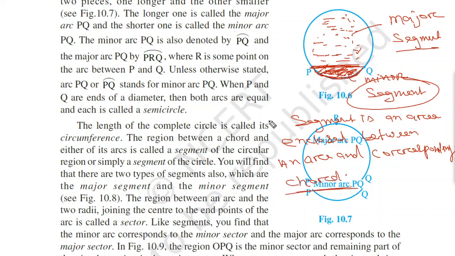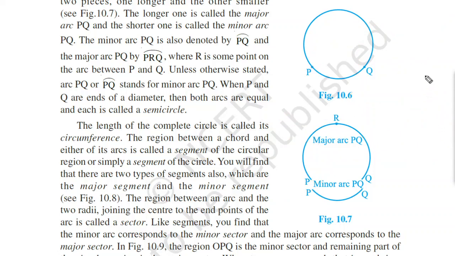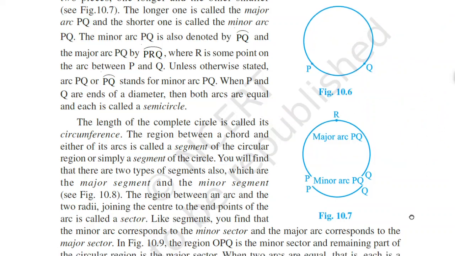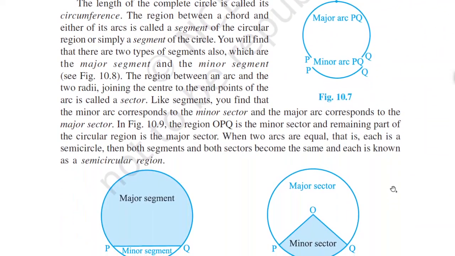So this is the definition of segment. And similarly, minor segment, major segment. The smaller segment we call the minor segment, and the larger segment we call the major segment. Okay. So these are the things you know from class 6 itself.